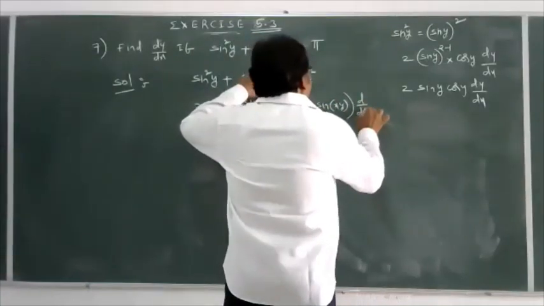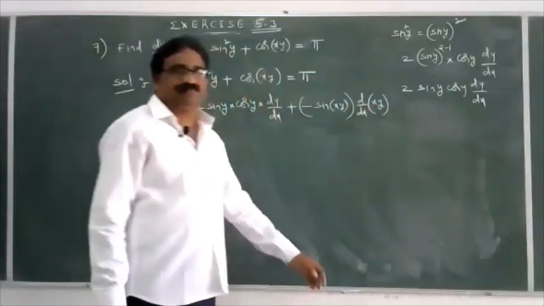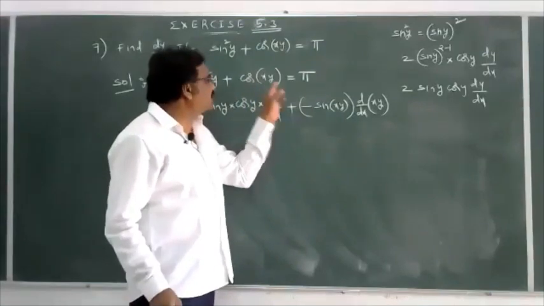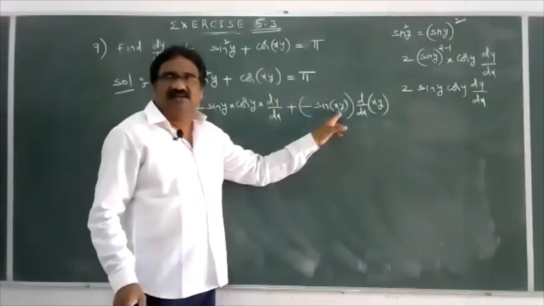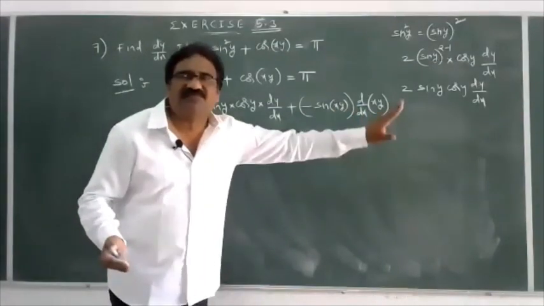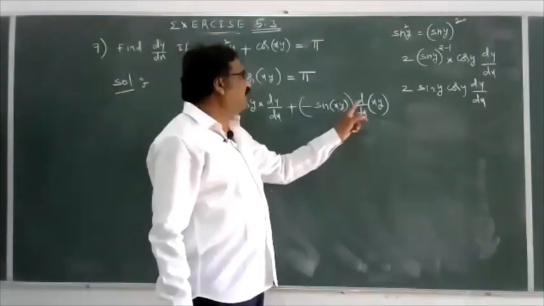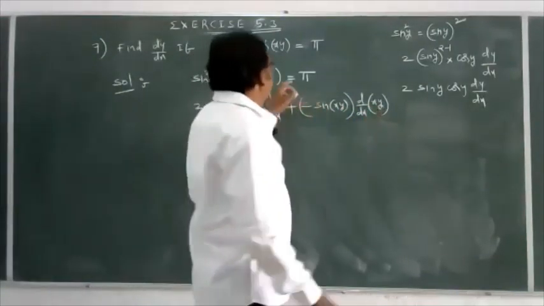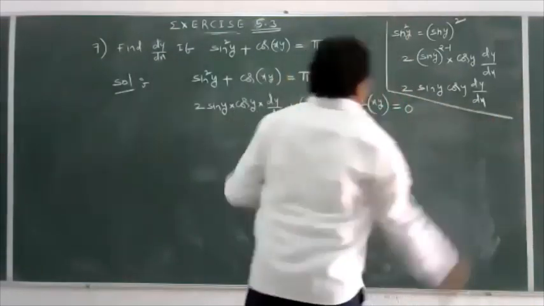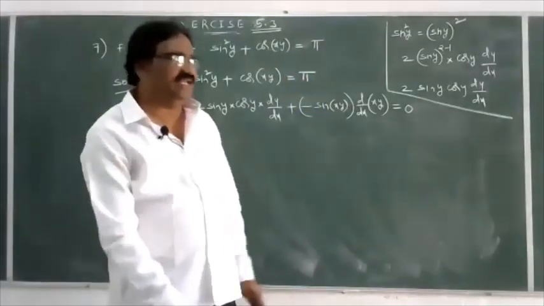That's why d by dx of xy, by using the chain rule. Minus sin of xy into d by dx of xy is equal to pi, which is a constant. Constant derivative is 0.